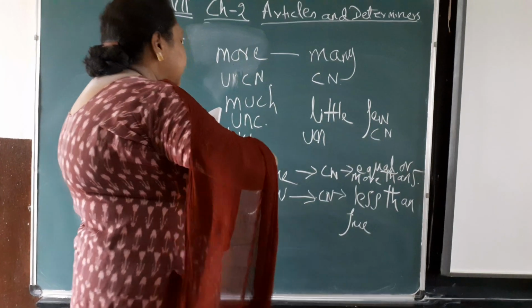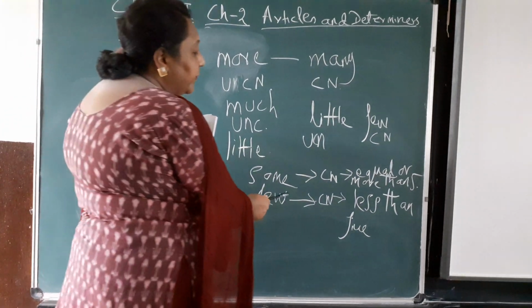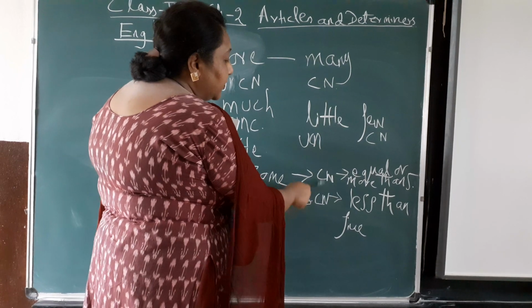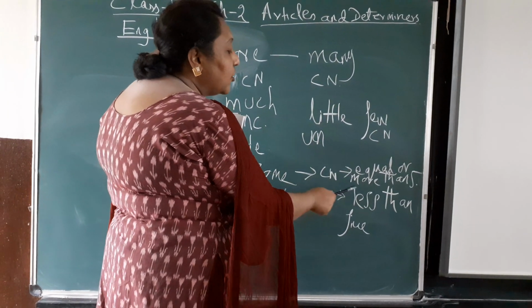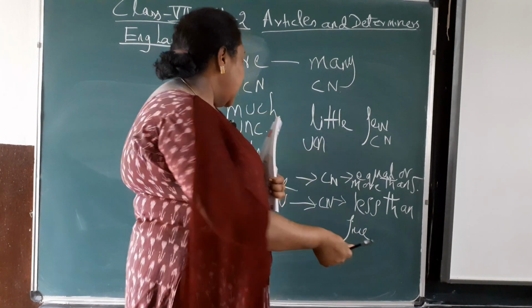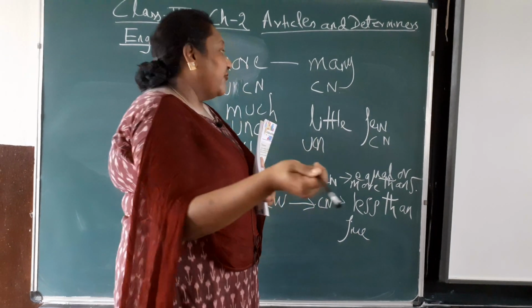So, these are again the major differences between some and few. These two are both countable, but few is only less than 5 nouns we can tell, whereas some describes equal to or more than 5.